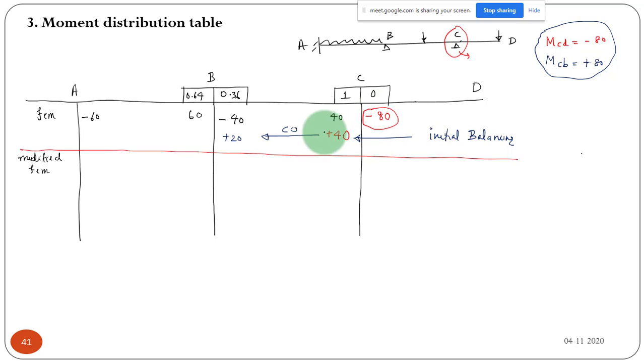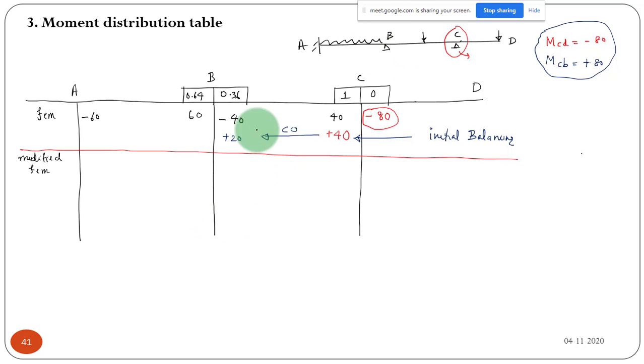So this joint I can balance in a single step. Because the far end joint B is a continuous end, half of the moment is carried over: 40 by 2, plus 20 will be carried over to the far end joint B.